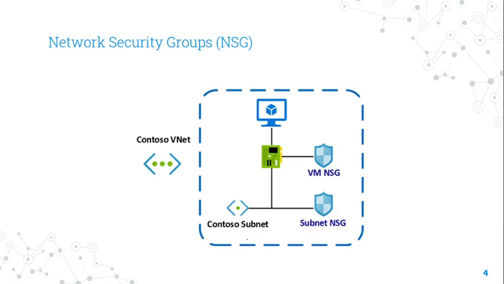VMs that you create by using the classic deployment model communicate with internet resources through the cloud service that is assigned the public IP address, which is also known as the VIP.